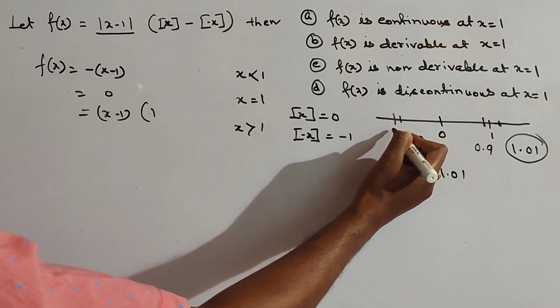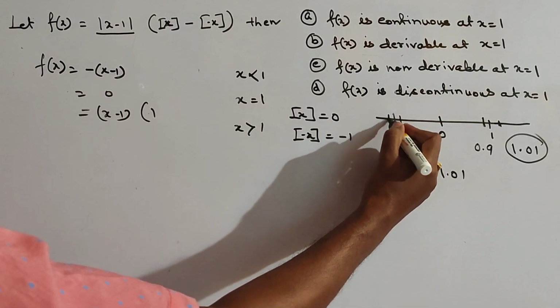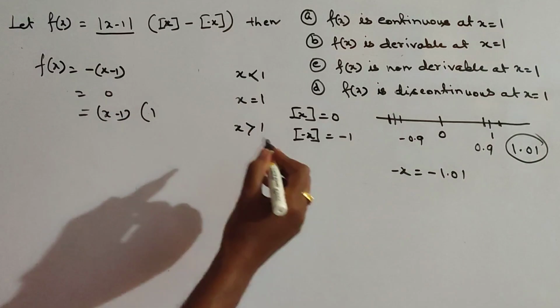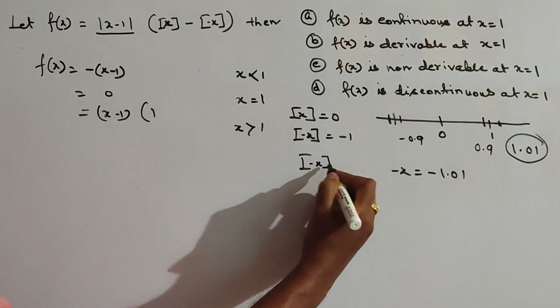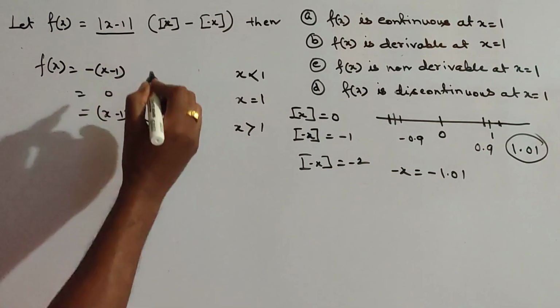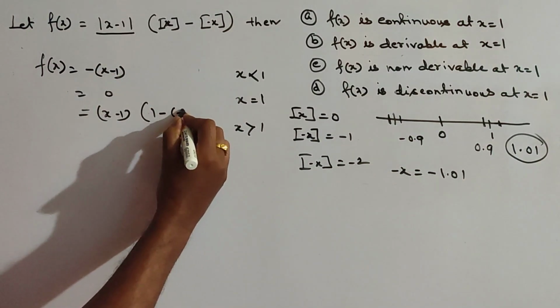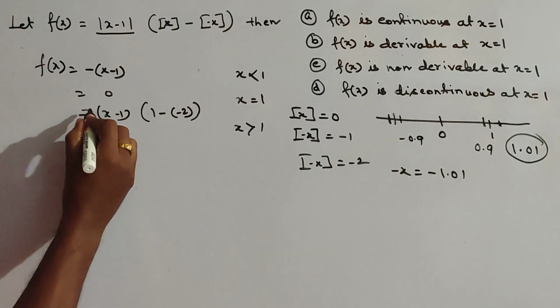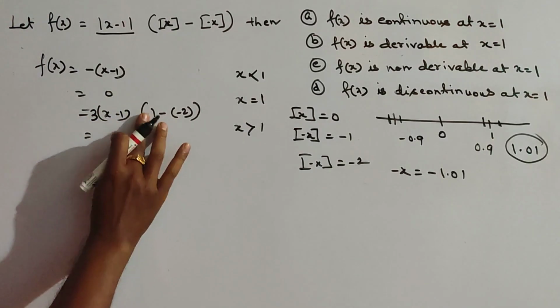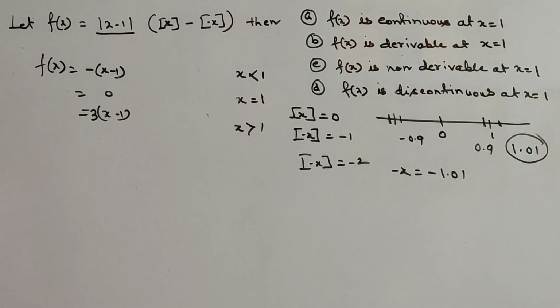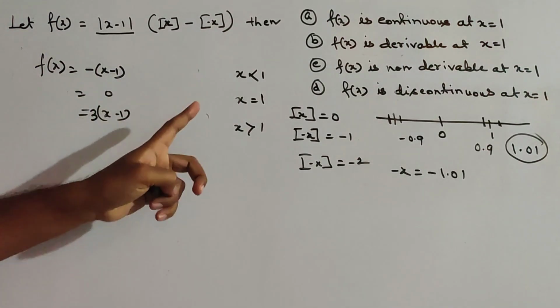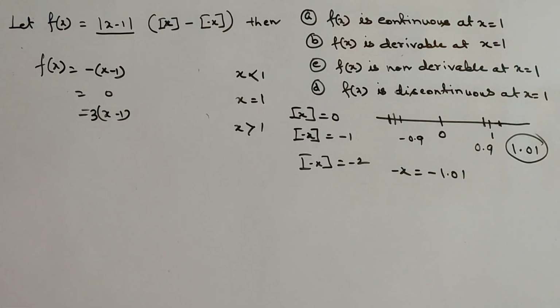So this lies at the left side of minus 1, so box of minus x is equal to minus 2. So we get 1 minus minus 2, that is 3 into x minus 1. Right? So we get the result, the function at x equal to 1, less than 1 and greater than 1.